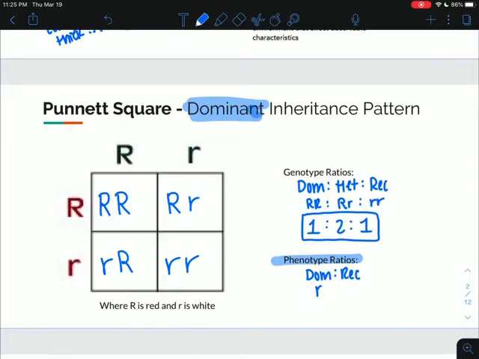So it is either going to be a red or a white. If it is dominant, that means if it has any capital letter R, it's going to have that dominant trait. So for this example, we have a 3 to 1 ratio of red to white. Again, boxing in your final answer here. Again, I'm pointing out to you there's going to be multiple types of inheritance patterns, and they are going to affect the phenotype ratios.